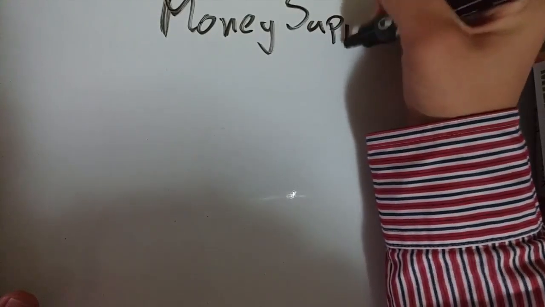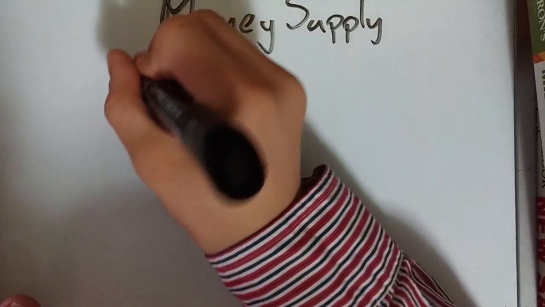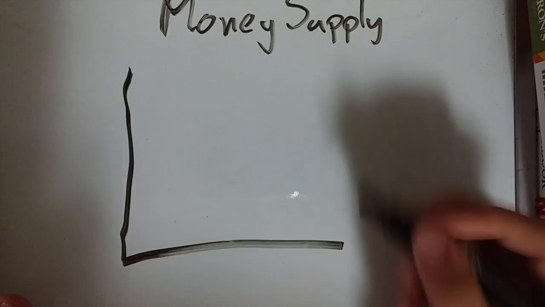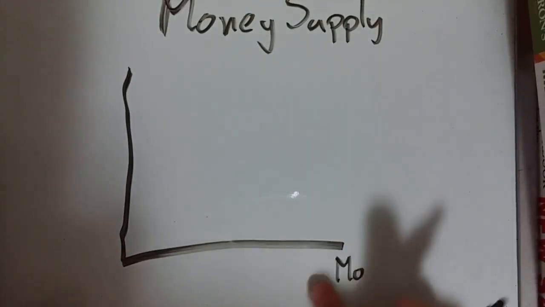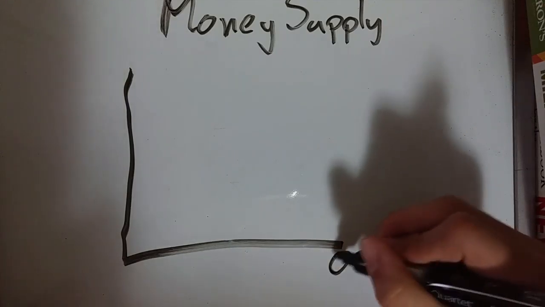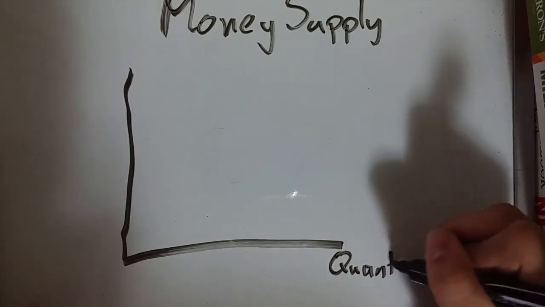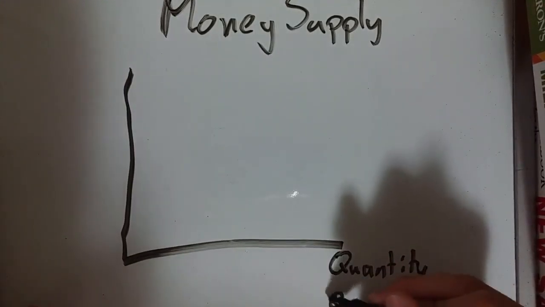So, the money supply graph looks like this. Okay, we've got our graph. This axis is quantity of money.